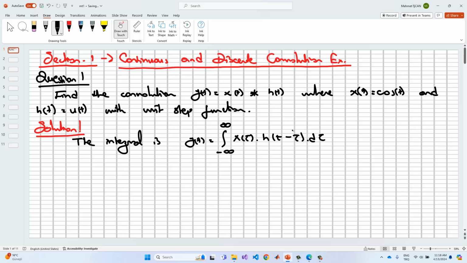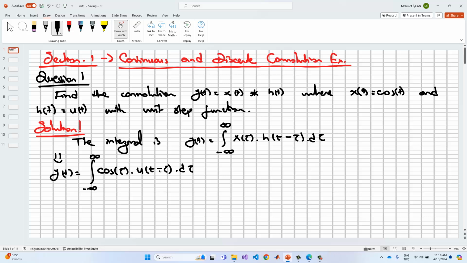We need to apply the impulse response h(t) to the input signal, and integrate all the solution in order to get the total result. Then y(t) equals the integral from minus infinity to infinity of cos(tau), the input, times u(t minus tau) d tau. This is the convolution integral.